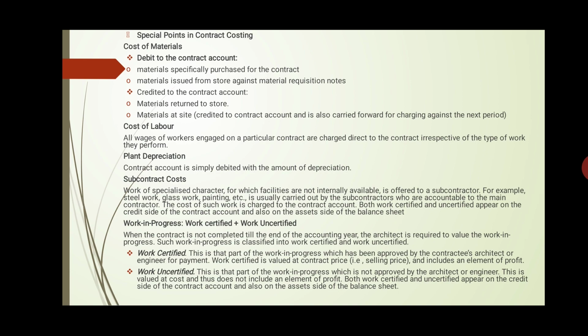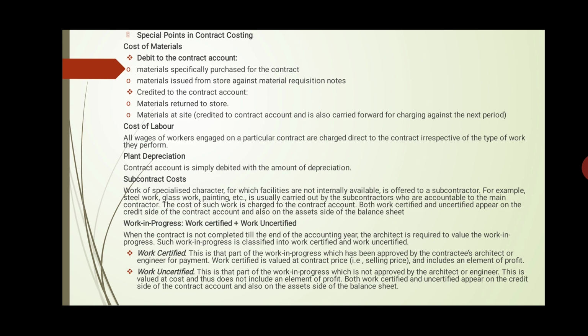When the contract is not completed till the end of the accounting year, the architect is required to value the work in progress, and such work in progress is classified in these two terms. Work certified is that part of the work in progress which has been approved by the contractee's architect or engineer for payment.